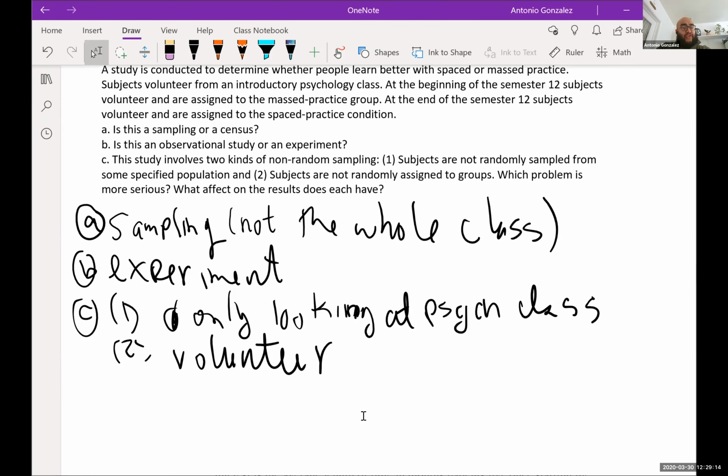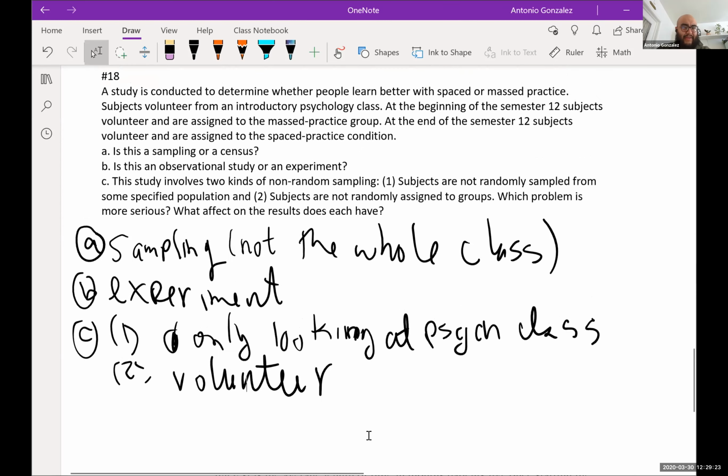Okay, so it says, which problem is more serious and what effect on the results does each have? In terms of serious, let's see here.